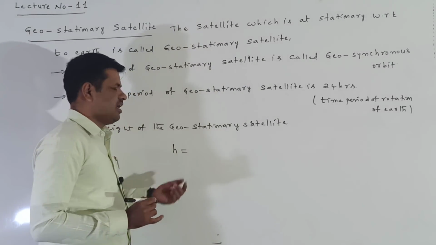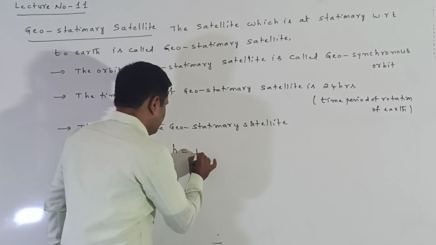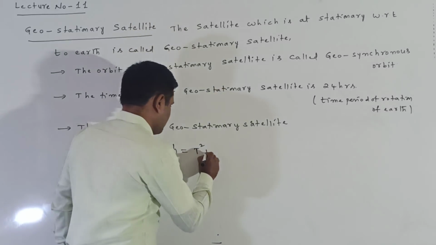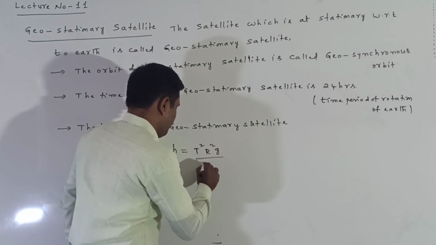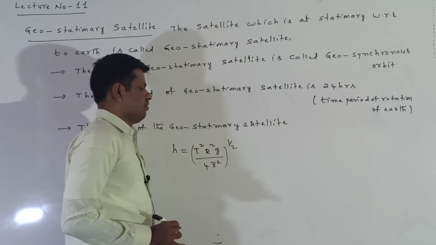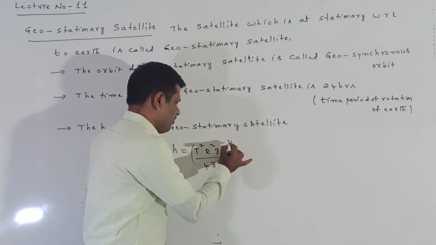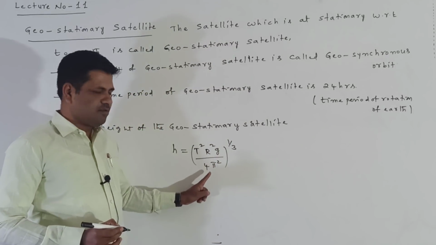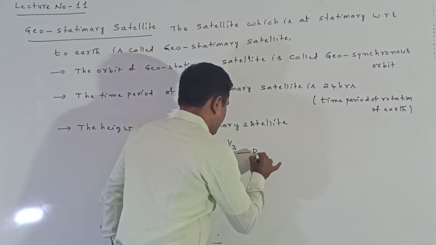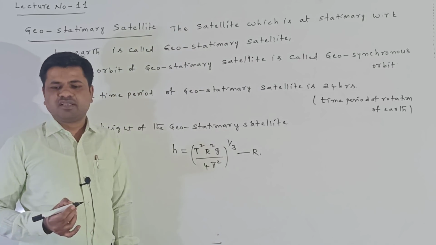The height of the satellite from the surface of the Earth is (T² R² g / 4π²) whole power of 1 by 3, not 1 by 2, minus R. We already derived this formula. From this formula, we can find the height of the geostationary satellite.